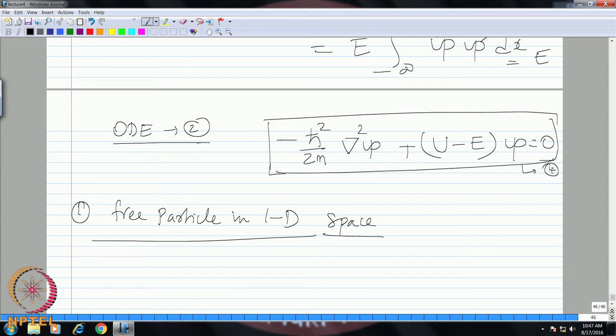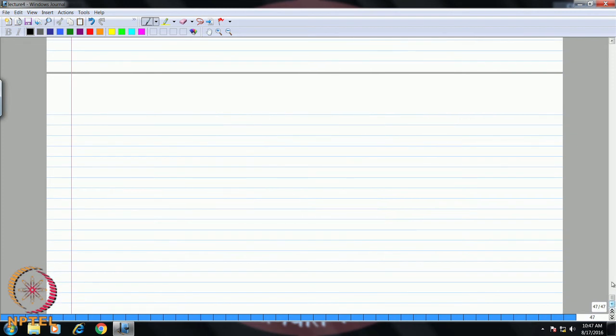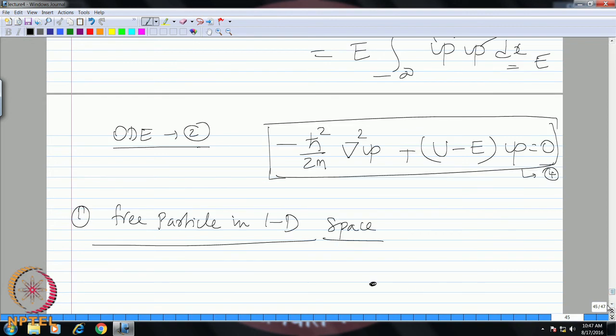That means you just have some particle like this just in space, okay, and you want to solve the wave nature of this particular particle. So, in this case, what is the potential energy constraint? 0, because the particle is free.